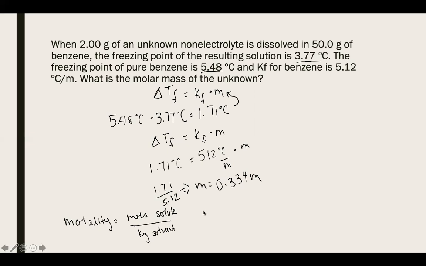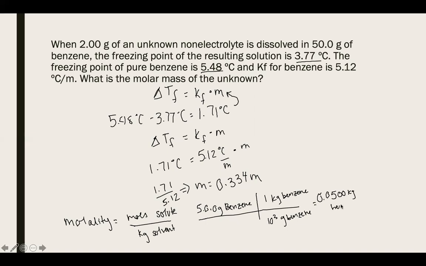So in order to solve for the kilograms of our solvent, we take 50 grams of benzene and convert it into kilograms. For every 1 kilogram of benzene, there are 10 to the 3rd grams of benzene. So you do 50 divided by 10 to the 3, which is 0.0500 kilograms of benzene.